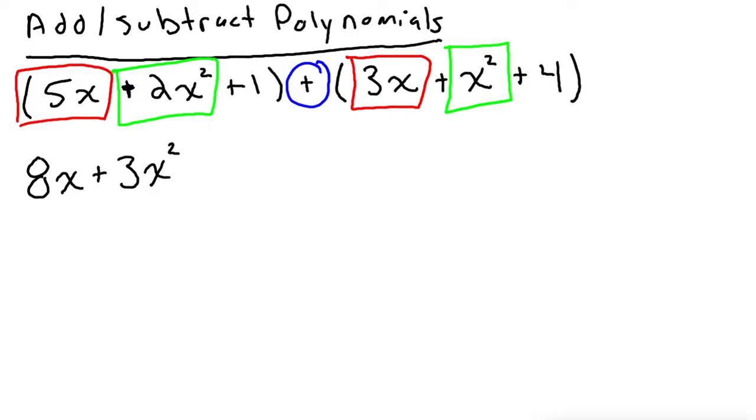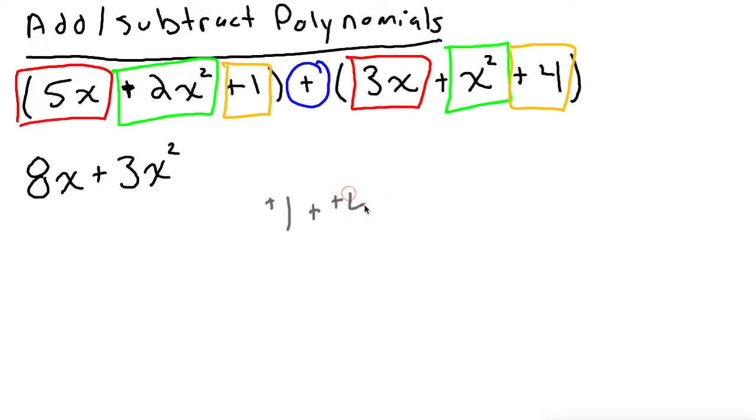Now the last part is just going to be combining the numbers. So I don't have an x over here, and so what can I combine this with? Well, this is just a 1 plus a 4, a positive 4. So one way you can think about doing this, if you have a different problem, is if I have this 1 right here, I can put a 1 down, and it's a positive 1, and then this plus would come here, and this is a positive 4.